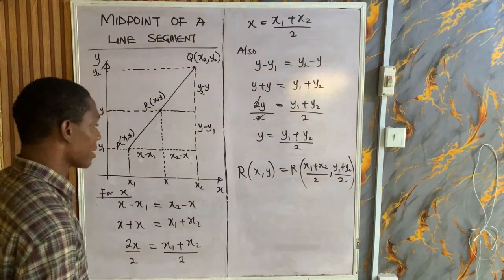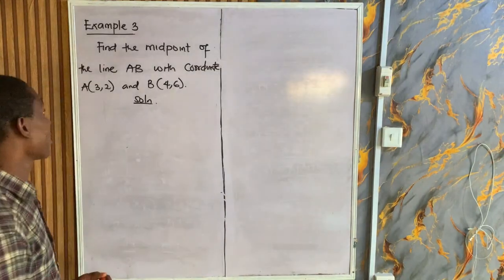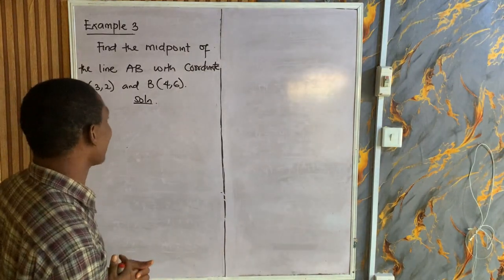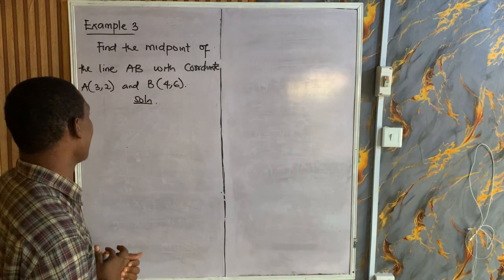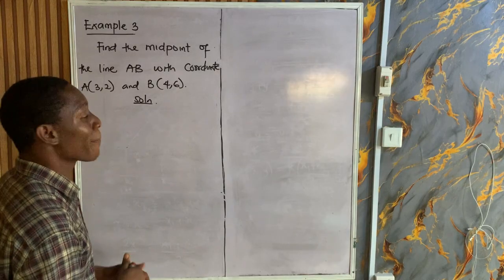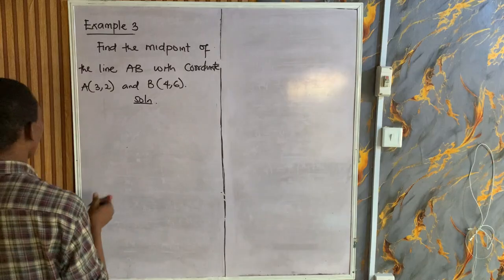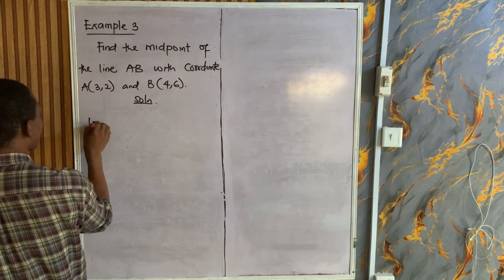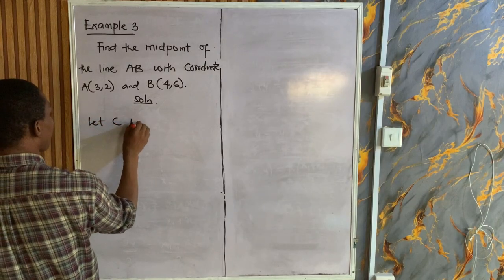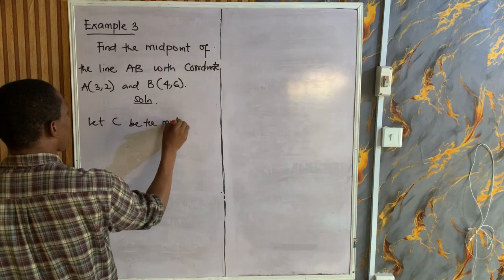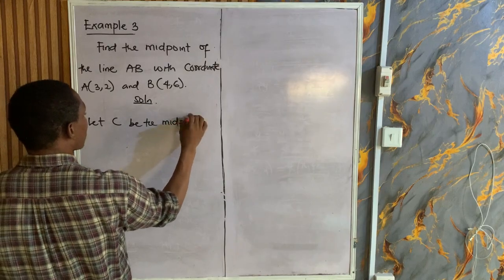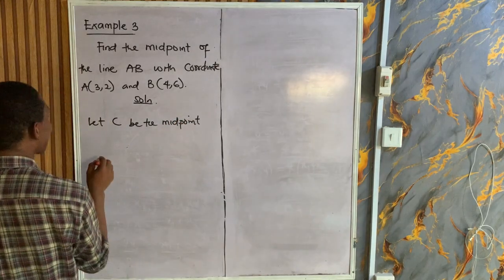Let's take some examples under this. Example 3. Find the midpoint of the line AB with coordinates A 3,2 and B 4,6. Here we can say let C be the midpoint. And so let's get the x.